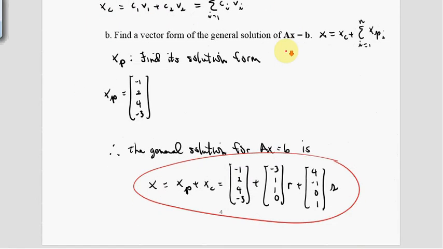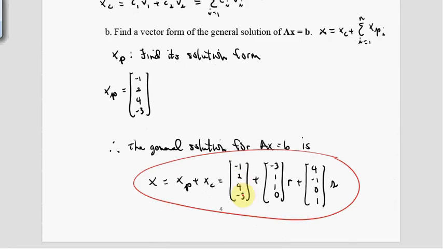Okay? So the general solution is its particular solution plus its complementary solution. The complementary solution never changes. The particular solution will change for each different value of B.